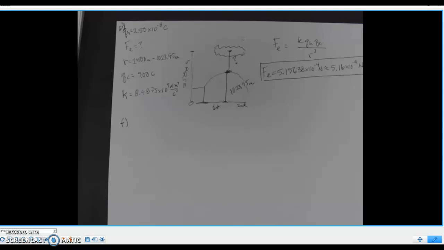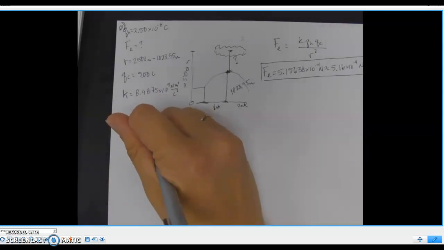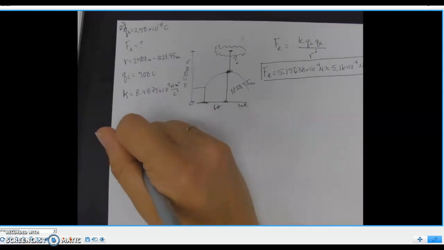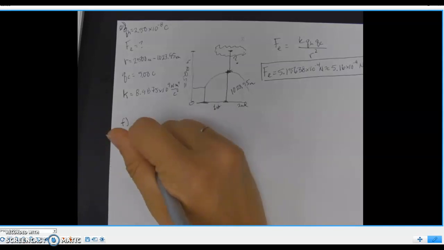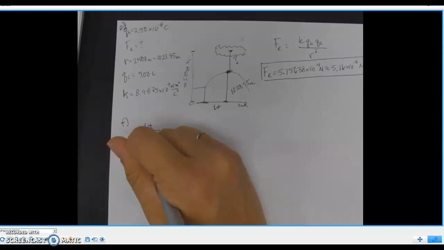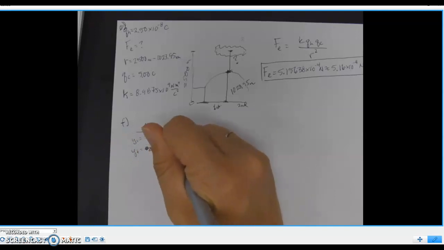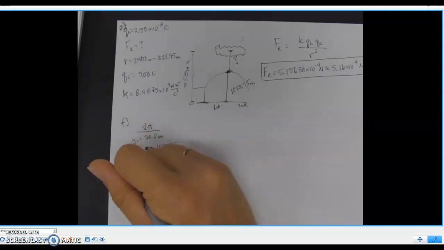I'm going to use the y direction to solve for my time, both of the first part and then the second part. So for this first part here, y initial was the 70 meters. We talked about that. y final was 0. We solved for that. That was the 1,023.95 meters.